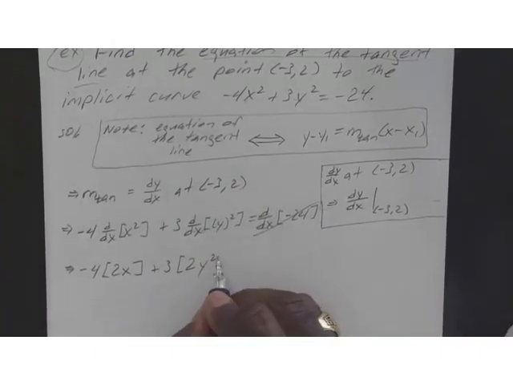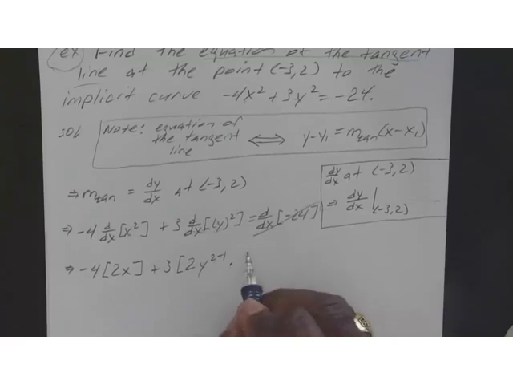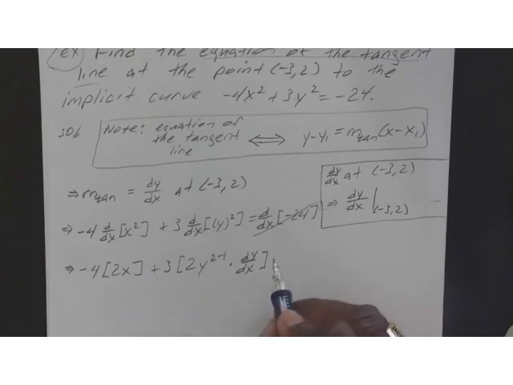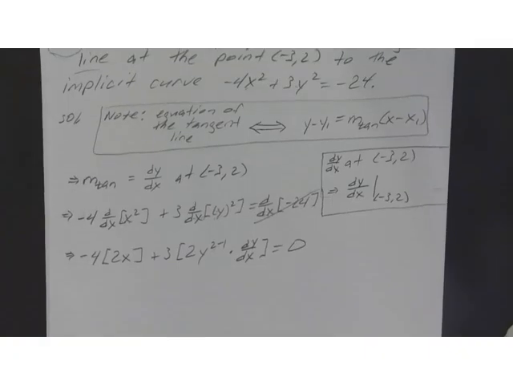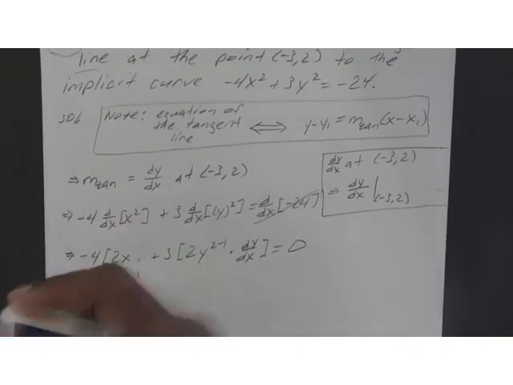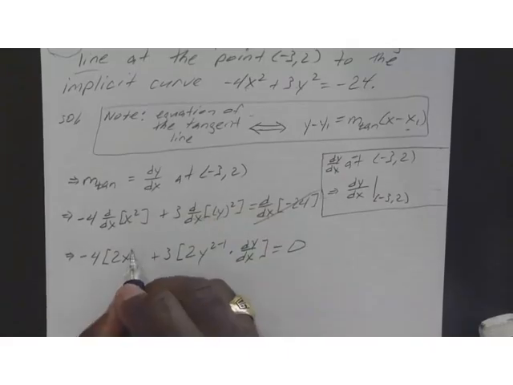Let me write that, your derivative of y with respect to x, is equal to 0. And I might as well write to the power of 2 minus 1 here also, just to stay consistent.